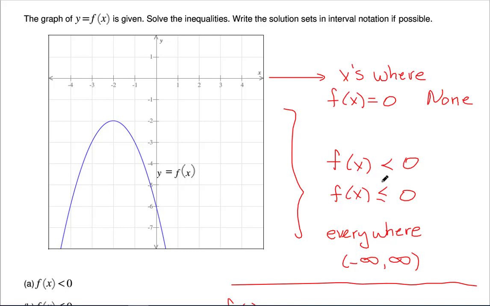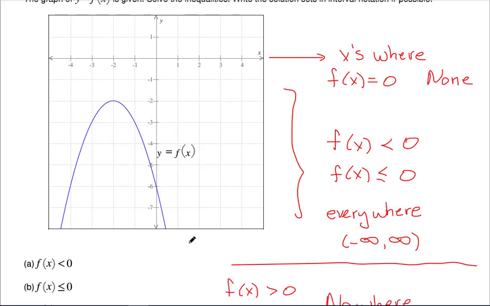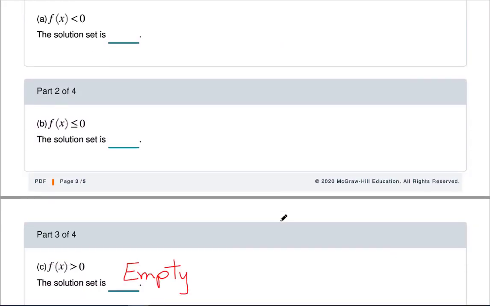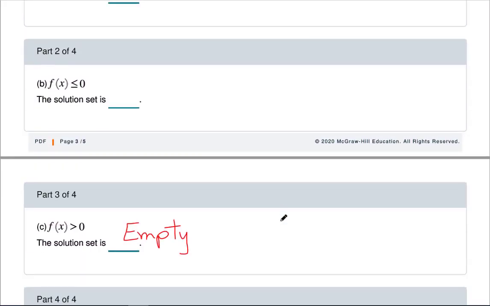And so f of x is less than or equal to 0 or less than 0 everywhere. On the whole number line, the graph is always underneath the x-axis. And so where is it above the x-axis? Nowhere. And so it would be the empty set. There's nothing in the solution set.